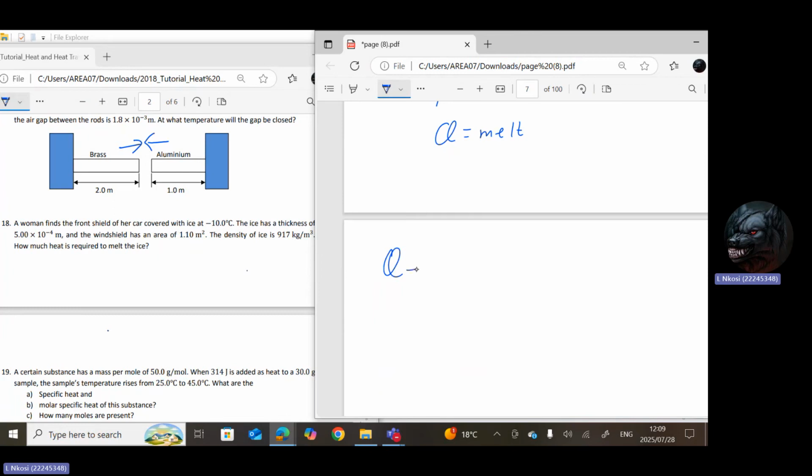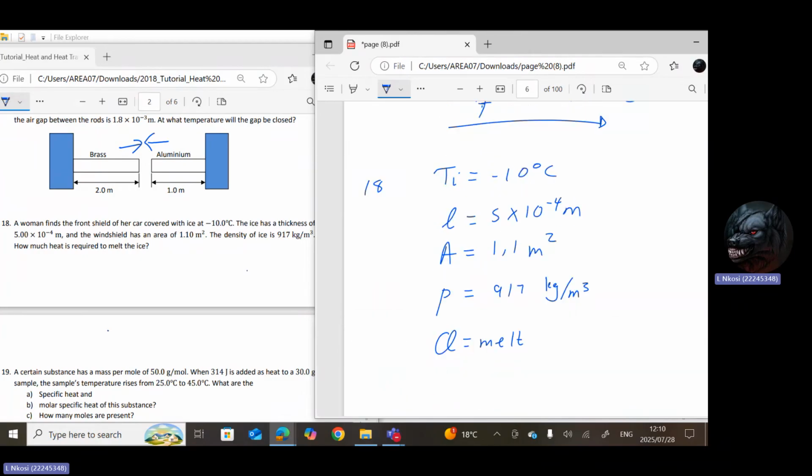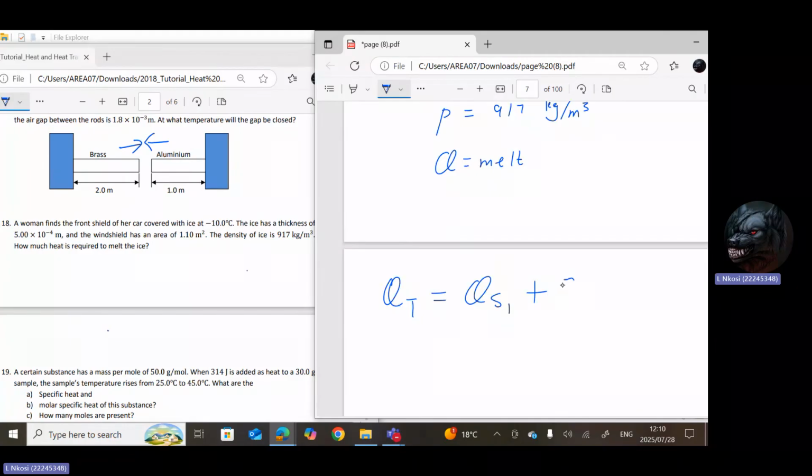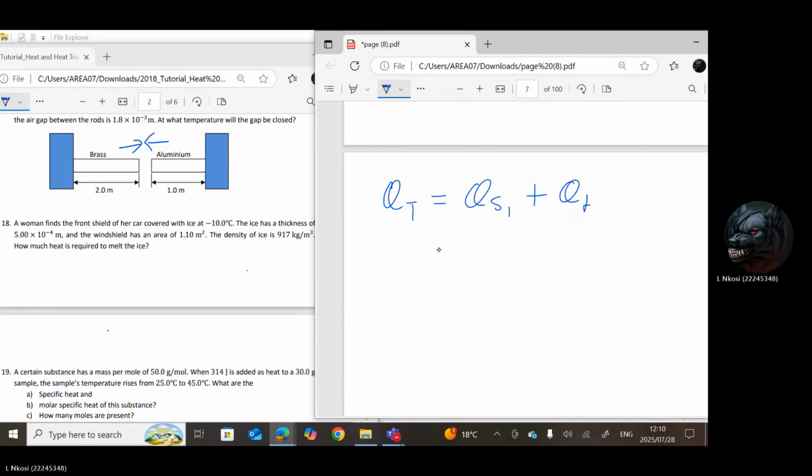So the total heat required to melt the ice is the specific heat to go from minus 10 to 0, right? And then plus the latent heat to change its phase. So that's all the heat needed to melt this ice. The specific heat is the mass times specific heat capacity times change in T, right? In this case, the heat is being gained by the ice to melt. It's plus mass times LF. The ice must gain heat, so we have a positive.